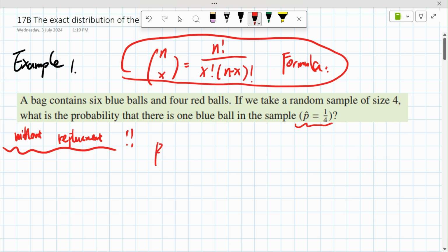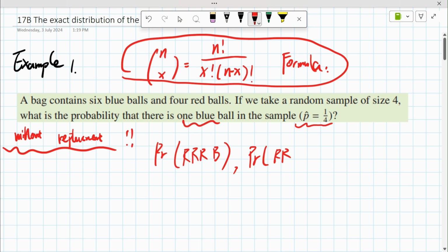So the probability of taking 4 balls out of these 10 balls can be red, red, red, and blue. And the next one will be the probability of red, red, blue, red.